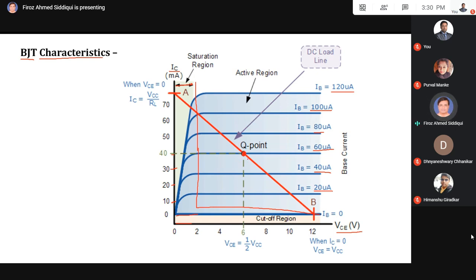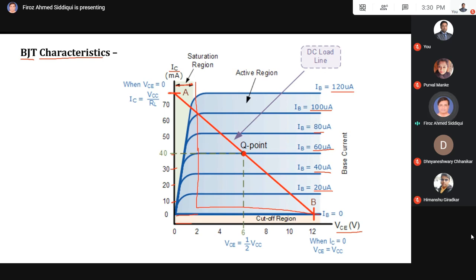If we move towards the cutoff region, or towards the saturation region, the amplified waveform may distort. The input or output signal may distort because of this shifting of the Q point, and this Q point may shift depending upon the temperature also.